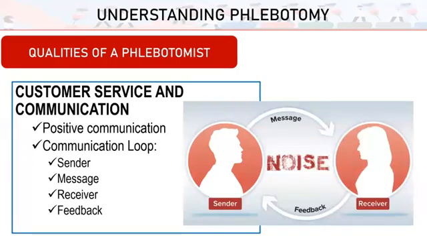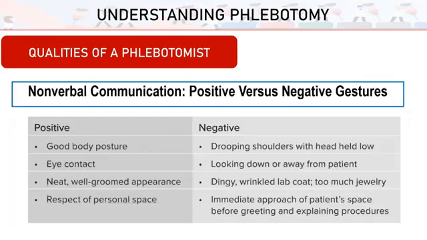The next one is nonverbal communication. This is your aura, how you display yourself in front of the patient. Of course, you need to have good body posture. Not drooping shoulders, tired already in the first hour of duty.